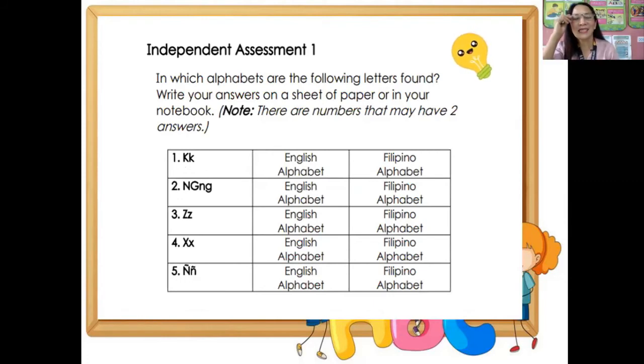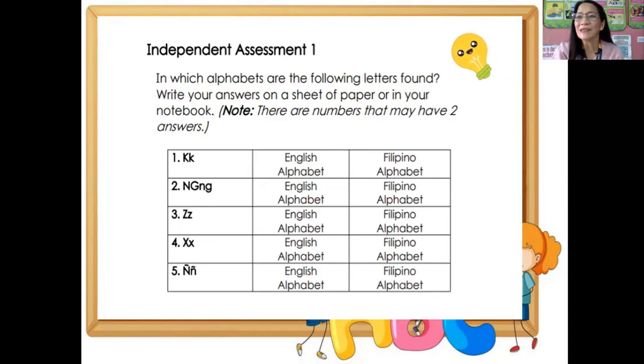Another activity. Do this again by yourselves. In which alphabets are the following letters found? Write your answers on a sheet of paper or in your notebook. There are numbers that have two answers. I'll give you an example for number 1.